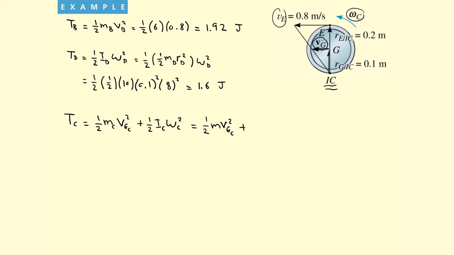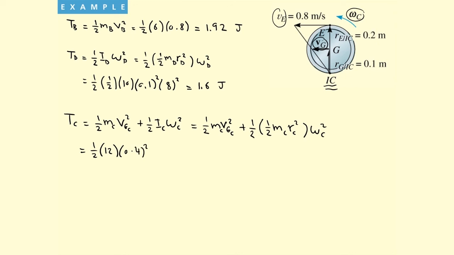Now I want to open the mass moment of inertia for the second part. So it's going to be half, and then for the disk, again, it's half m r squared. So it's going to be half m_C r_C squared multiplied by omega_C squared. So let's plug in the numbers. The first one is going to be half multiplied by the mass, which is 12, multiplied by the velocity, which we found to be equal to 0.4 squared.